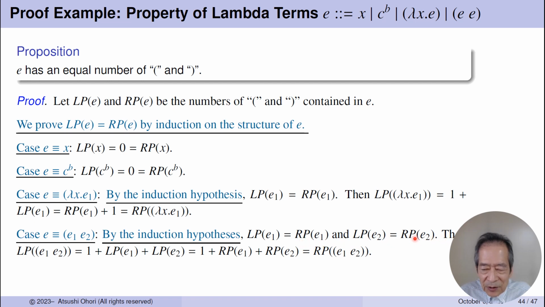Using these two hypotheses, you show that this and this are equal by simple calculation. So this is the structure of the proof, a concrete example proof, and from this you saw the clear structure of inductive proof.